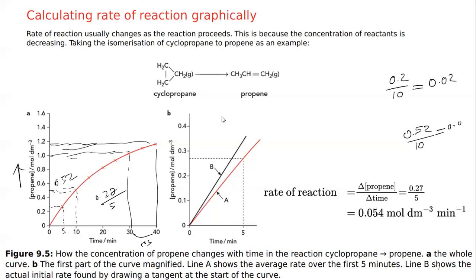So you see the rate of reaction is not the same. You get it? So the reaction might become slower as the reaction happens over time. By using the graph, you can calculate the rate of reaction, and this is what we call rate of reaction graphically.